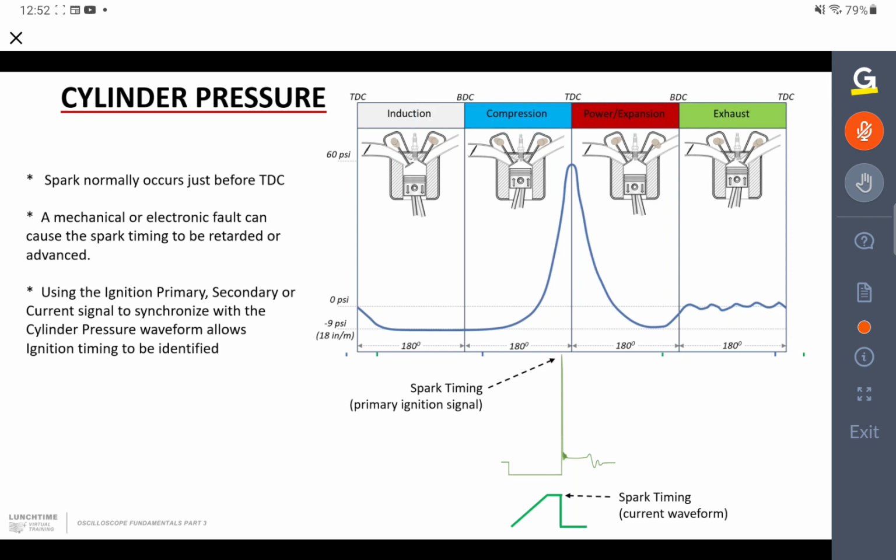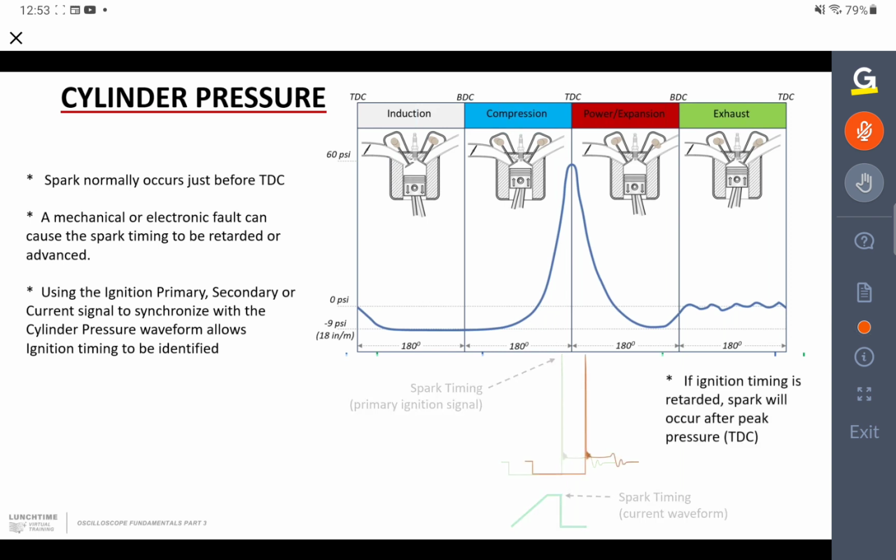So the spark occurs just before top dead center. We've got compression, then the spark occurs just before top dead center, or the end of the compression stroke, and we then get our power or expansion stroke. And we've now got it synchronized. So what we can now do is work out what happens if we had a change in the ignition timing.